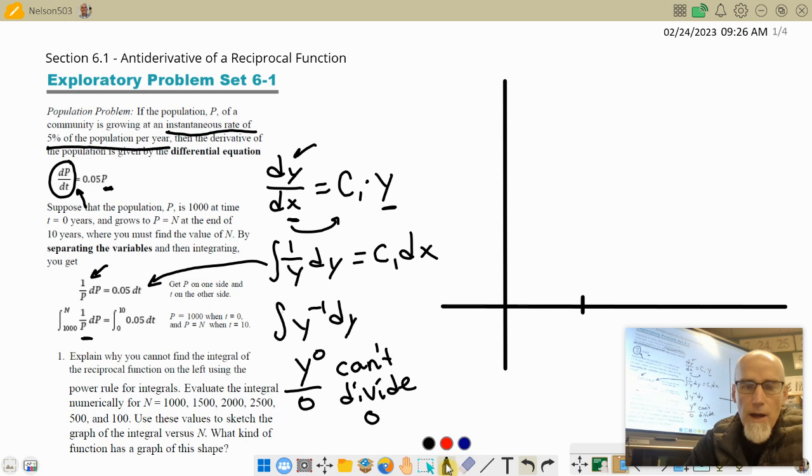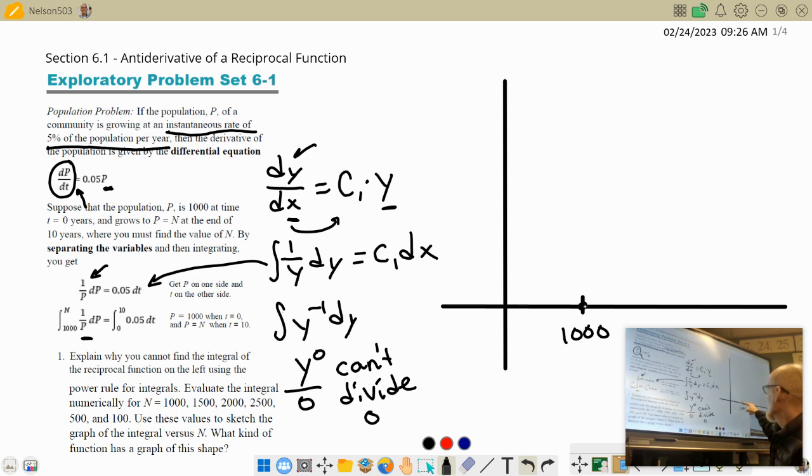So on our graph, let's put 1000 right there, right? We had 0, didn't we? And then at 1500, let's say 1500's right here, I think it was just a little bit above that. And at 2000, it was a little bit higher than that, right?